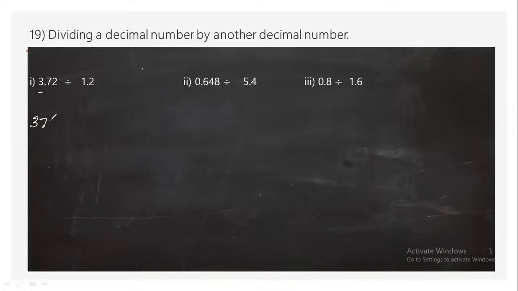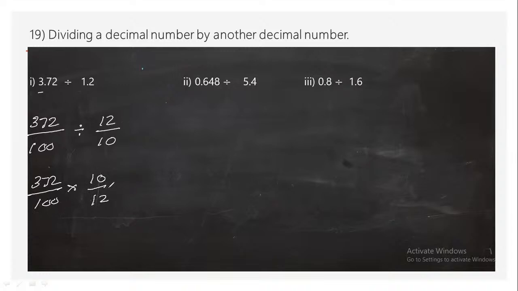Then 372 over 100, divided by 12 over 10. 372 over 100, write the reciprocal 10 over 12. Now cancel out. How many 12s are here? 1 12. How many 12s are here? 3, 1, 31. Then cancel out this 0 and this 0. 31 divided by 10. Then 3.1.